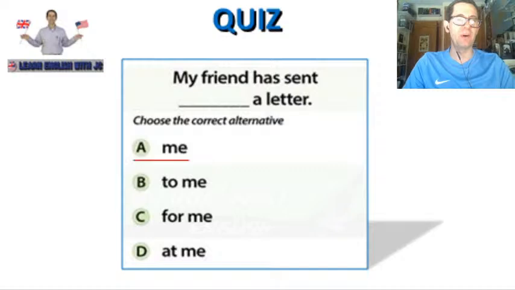The Alpha people. My friend has sent me a letter. You can also say my friend has sent a letter to me. If you have to me at the end of the sentence, that would be correct. But in this case, it has sent me a letter.